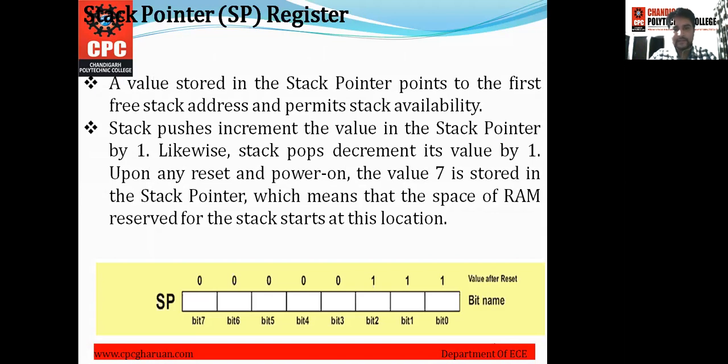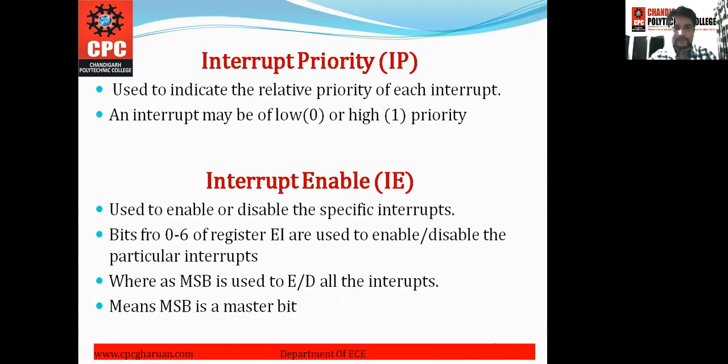Upon any reset and power on, the value 7 is stored in the stack pointer, which means that the space of the RAM reserved for the stack starts at this location. As you can see in the previous slide where we discussed the register bank, the stack pointer starts from bank 1.